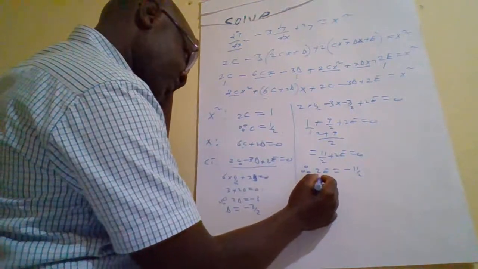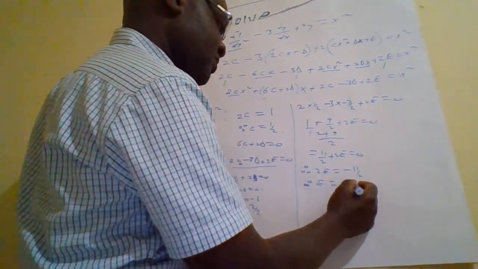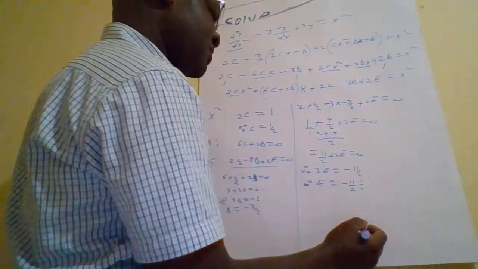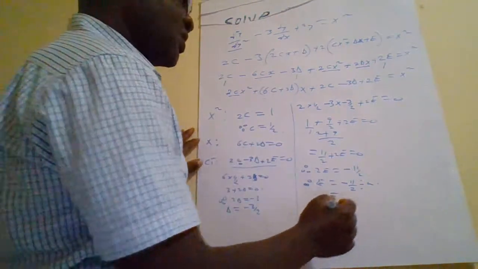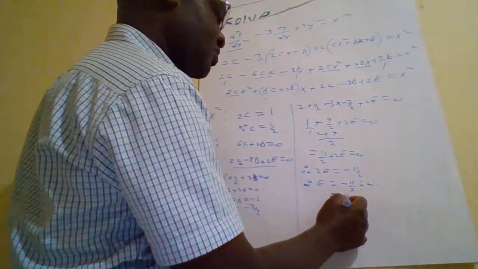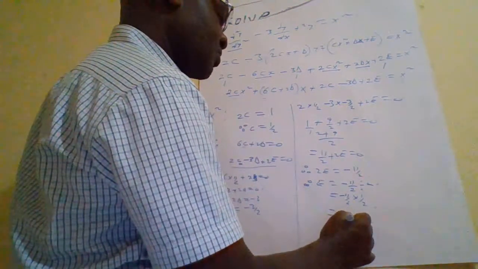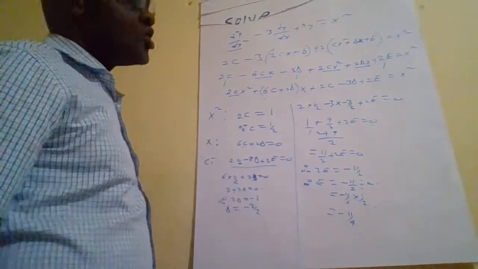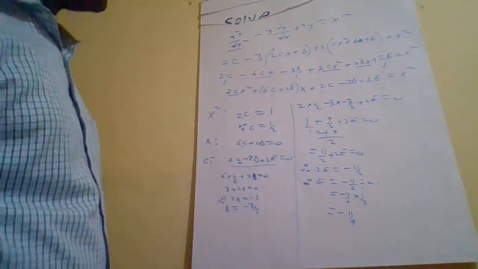Therefore, e equals minus 11 over 2 divided by 2, which equals minus 11 over 2 times 1 over 2, which equals minus 11 over 4. So that is the value of e.